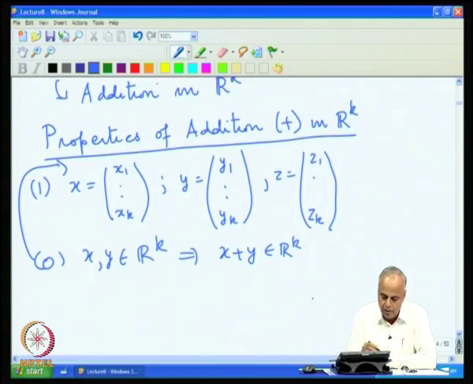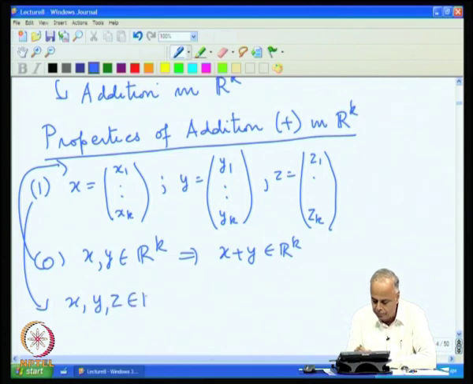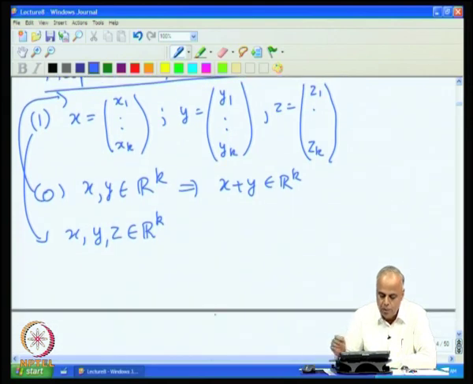Now, let us take this property 1. We are taking three elements x, y, z in R k. Now, let us look at x plus y. We have seen that the sum of two elements in R k is again an R k. So, this x plus y is an element in R k.